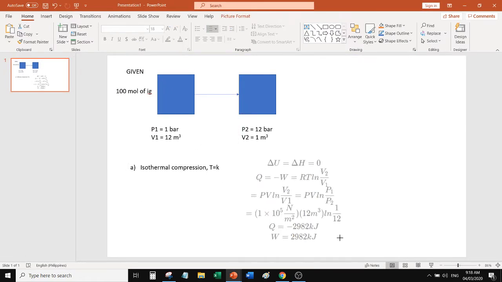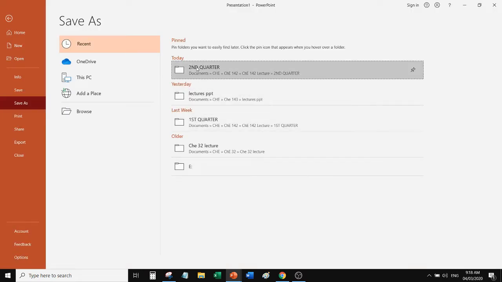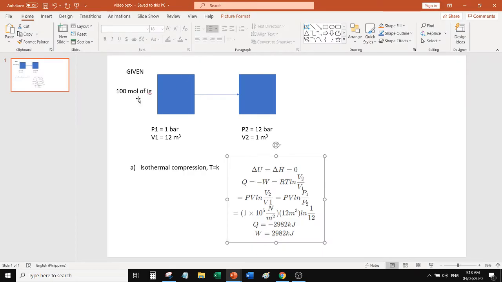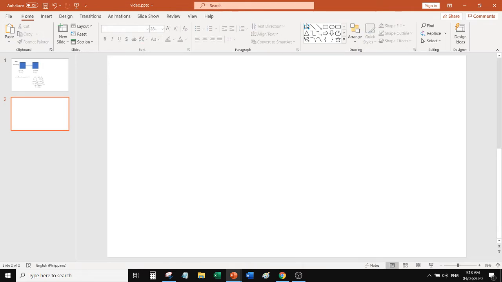Okay, so we're done with the first process, the isothermal process. Let's go to the next process.